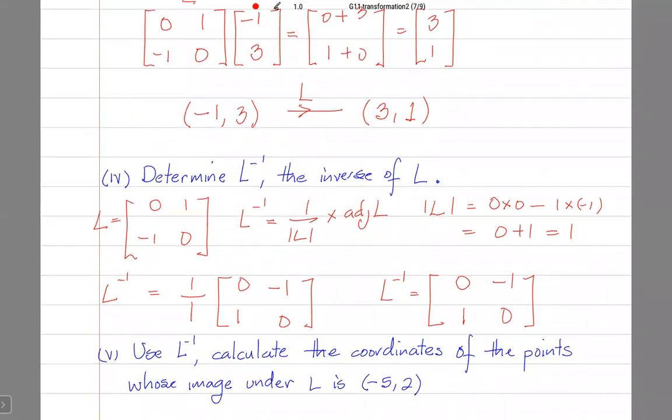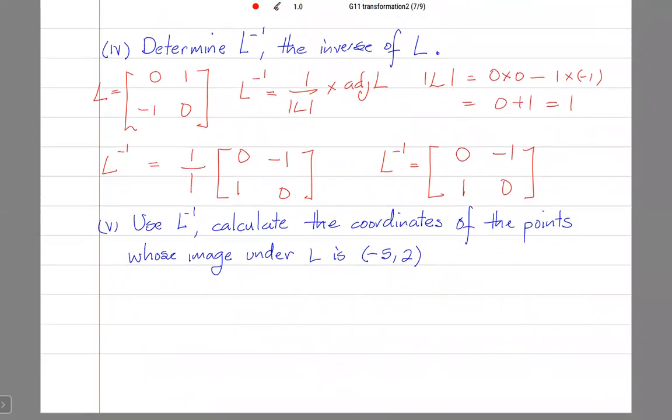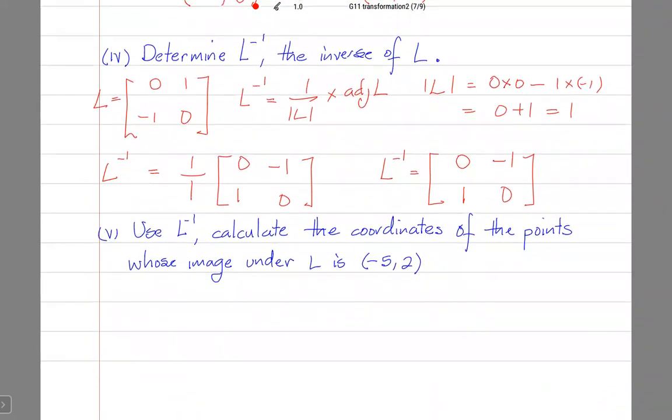The final part of the question says, use L inverse to calculate the coordinates of the point whose image under L is minus 5, 2. So in other words, you had a point X, Y. You don't know what it is.